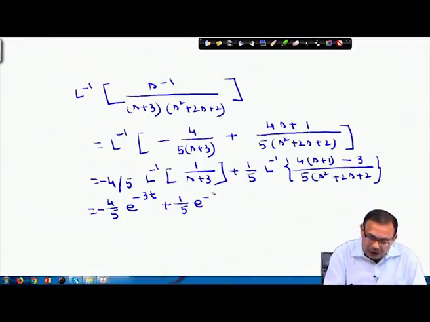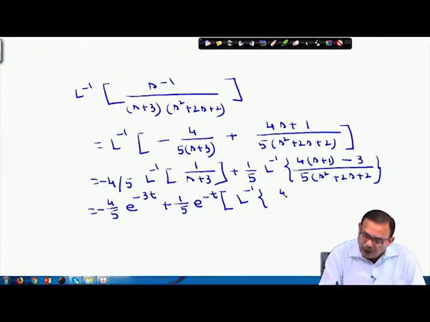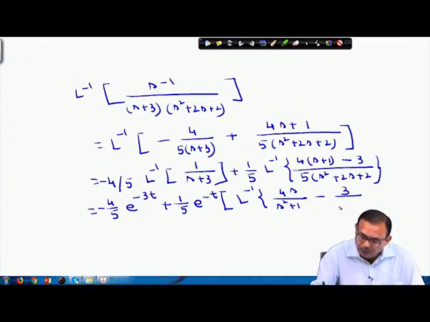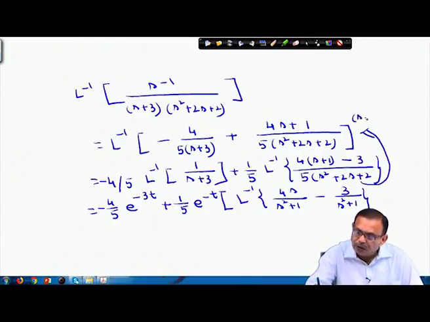Again I am using the property here and I can write down Laplace inverse of 4s minus 3 by s squared plus 1.